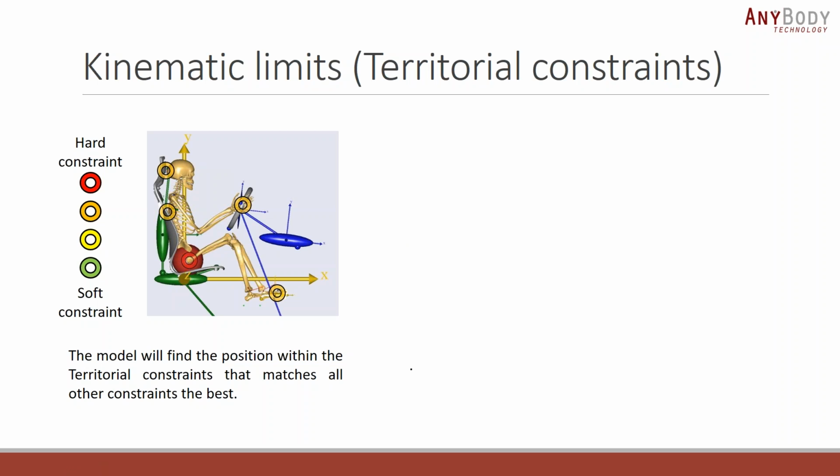Those are the constraints we kind of want to be fulfilled. We want him to grab the handle, we want him to keep his foot on the pedal, we want his back to be at the backrest and his head to be at the headrest. Then we have a number of constraints which are softer still. You can think of these as the preferred posture of the human.